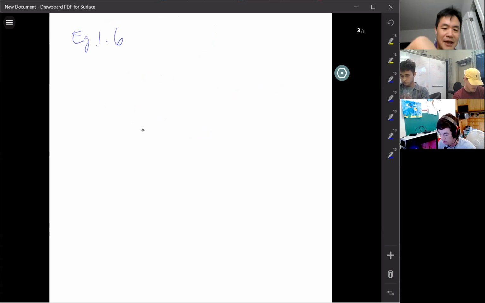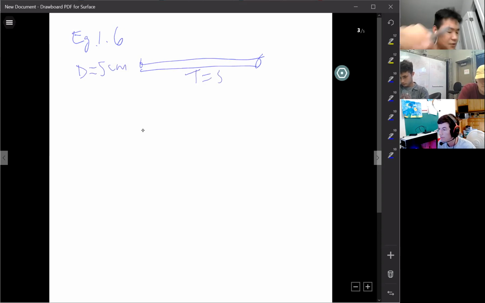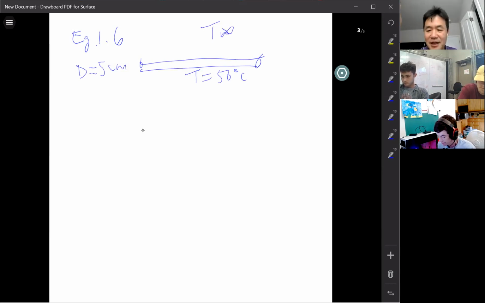So you have a pipe, 5 centimeter diameter. The temperature of the pipe is 50 degrees Celsius. The room temperature, T infinity, I'll keep using T infinity, so it doesn't matter if it's a room or air, it's just ambient, 20 degrees Celsius.